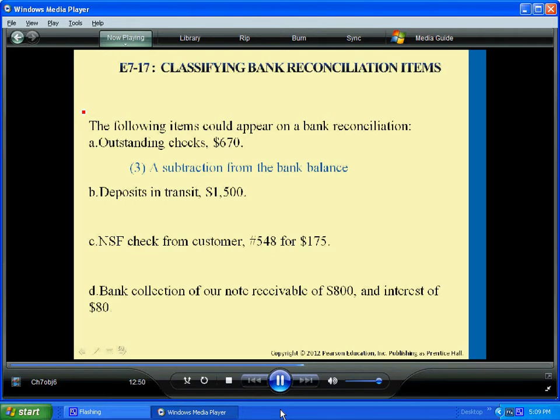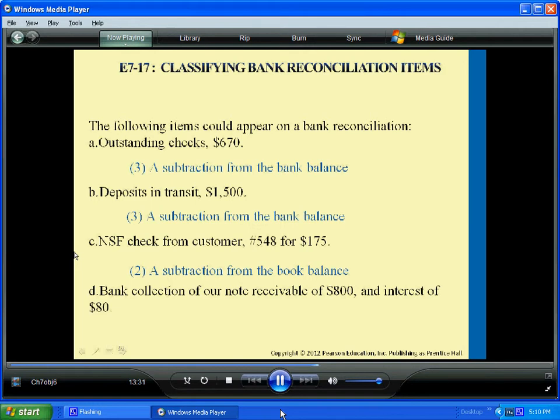It should appear as an addition to the bank balance. Remember, we take the bank balance, we add deposits in transit, and we subtract the outstanding checks. An NSF check should be a subtraction from the book balance. The check bounced, we need to reduce our book balance.